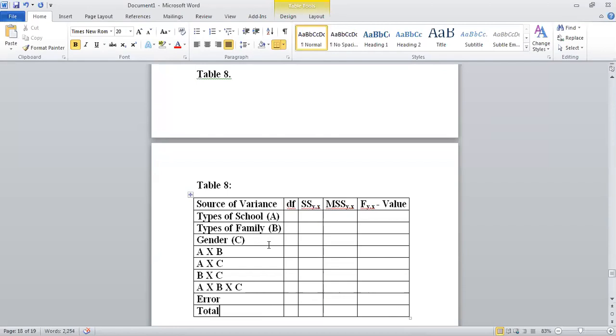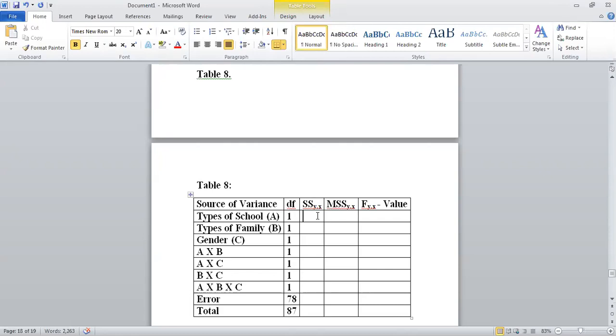All right, so everywhere you have 2 levels, the DF is always 1, 1, 1, 1, 1. Error is 78, and this is 87.